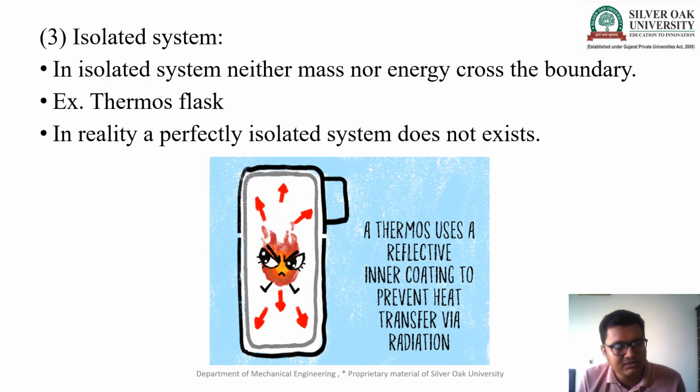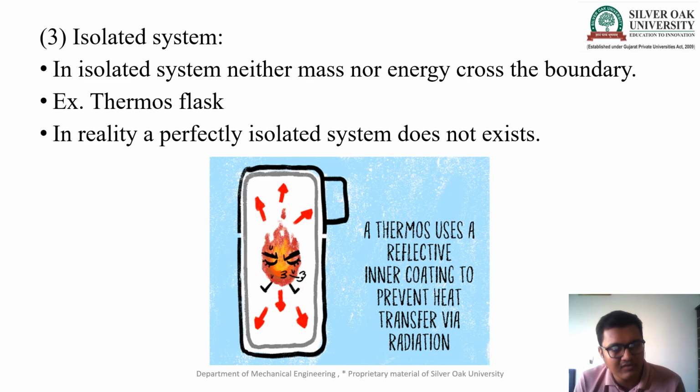And the last one, the isolated system. What is an isolated system? There are two terms, mass and energy. Neither mass nor energy can cross the boundary. Then the system is called the isolated system.